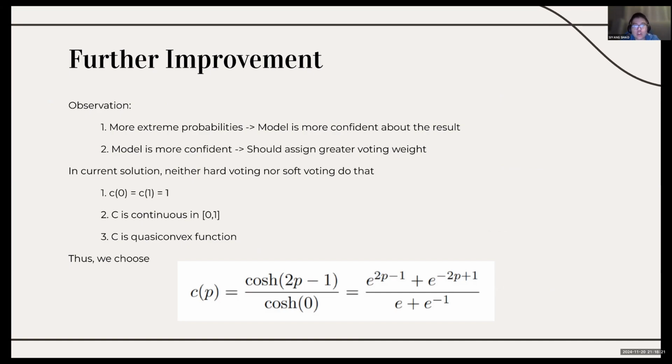Secondly, C should be a continuous function on 0 to 1. And thirdly, C should be a quasi-convex function, which means that if we take two values, the median of them should be smaller than or equal to the maximum of the two values. Thus, we choose such a C(p) as our confidence level from the probabilities.